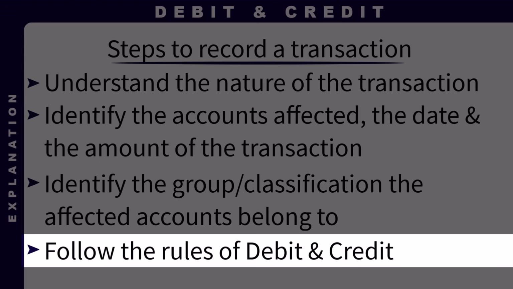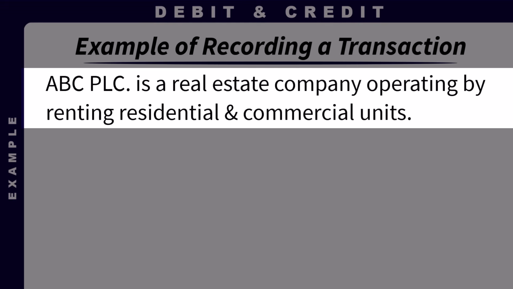Let's see one more example of recording a transaction so you get a stronger feel of how we work with debits and credits. Let's say you're an accountant at a large commercial real estate company called ABC PLC. ABC operates by renting residential and commercial buildings. According to all tenancy agreements, ABC collects rental fees every month.